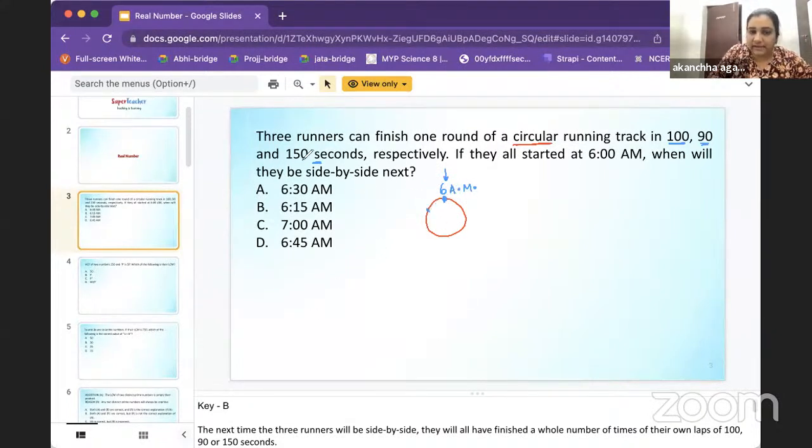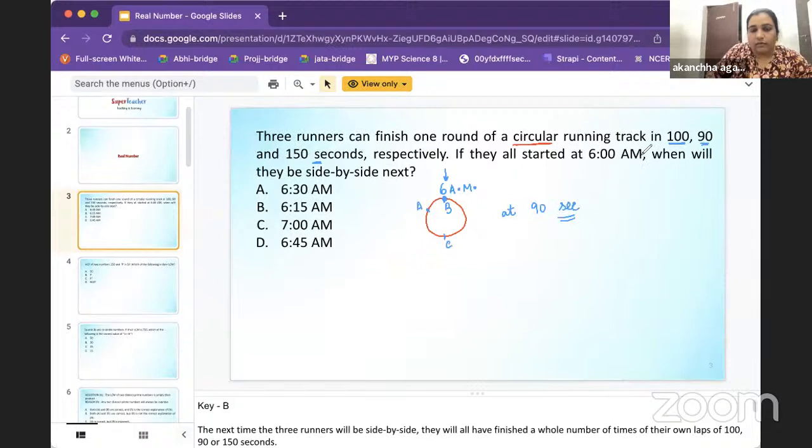The third person is taking 150 seconds, so at 90 seconds he will be much behind and somewhere here. So we can say that this is A and this is B and this is C at 90 seconds.